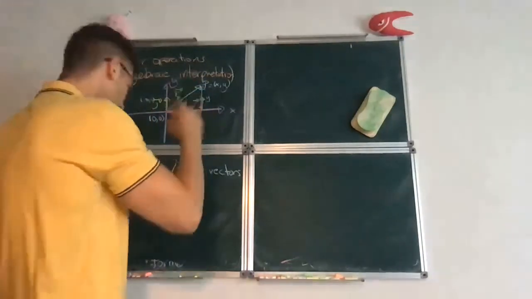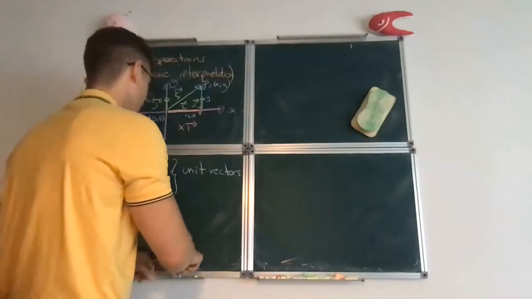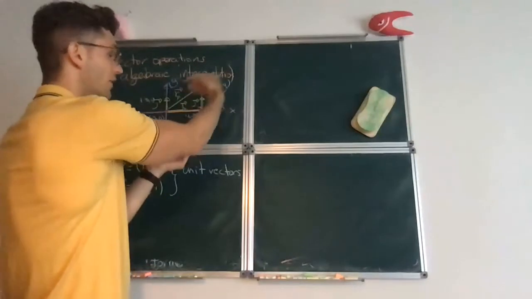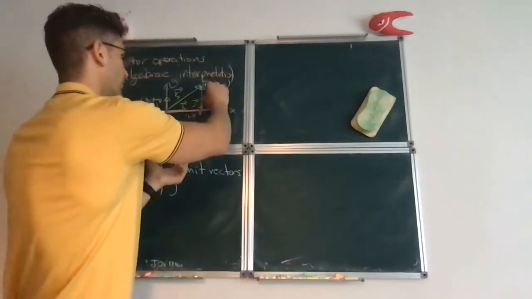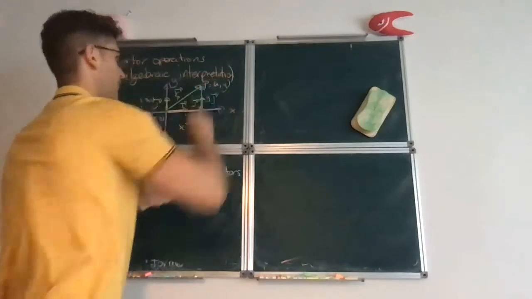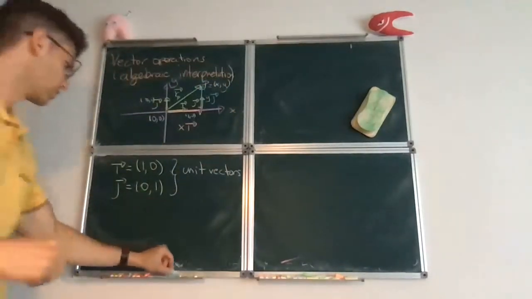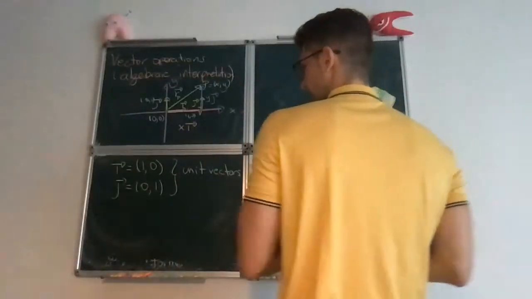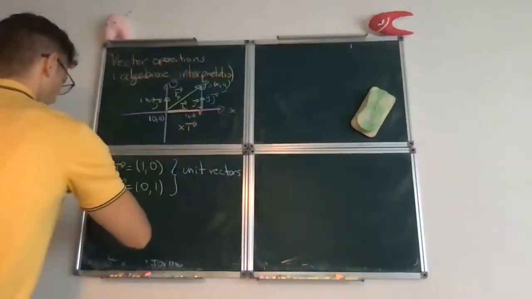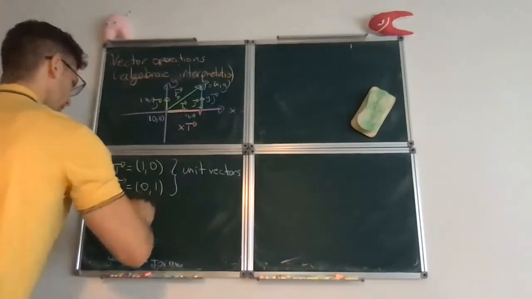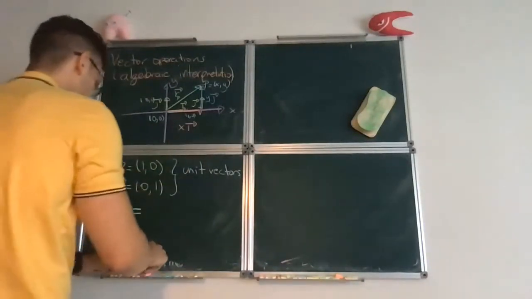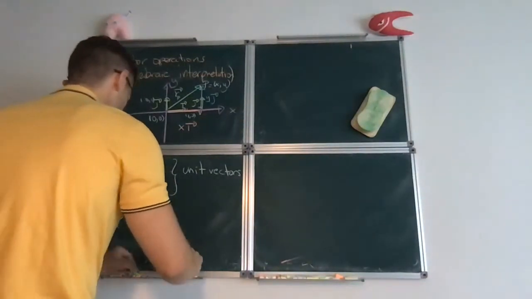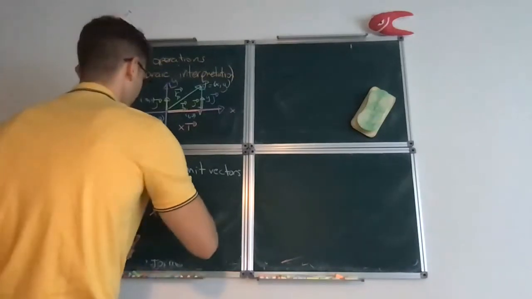So that means that really the blue vector should be the vector 5 times j, or if it's not 5 but just y, it should be the vector yj. So what I just did is a very fancy way of saying that the position vector is a sum of two vectors. Which vectors? The vector xi plus the vector yj.